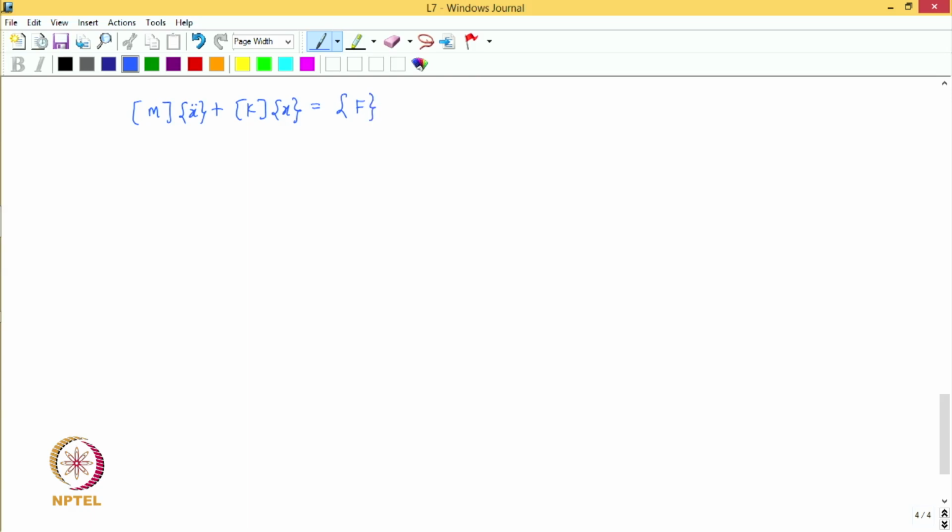And so, if we now substitute x is equal to psi y, then I get M psi y double dot plus K psi y is equal to F.